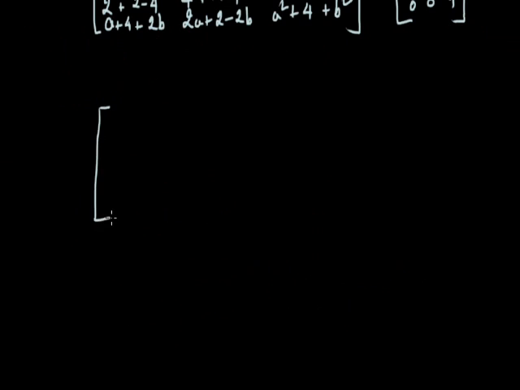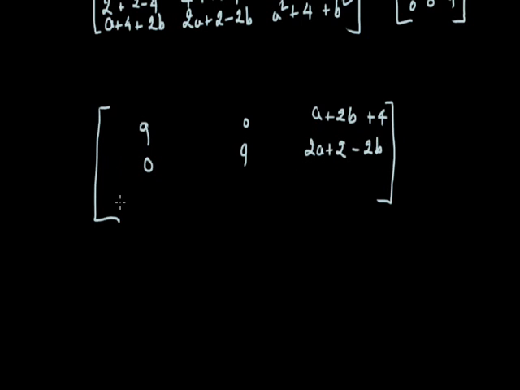Now this is equal to 9, 0, a plus 2b plus 4, 0, 9, 2a plus 2 minus 2b, and a plus 4 plus 2b, 2a plus 2 minus 2b, and a square plus 4 plus b square.